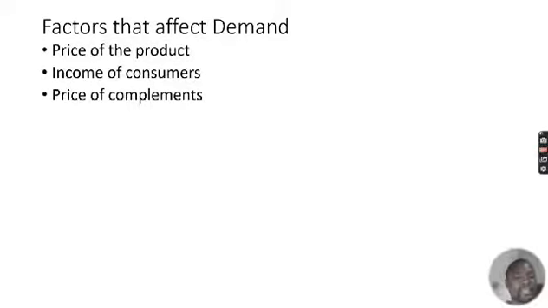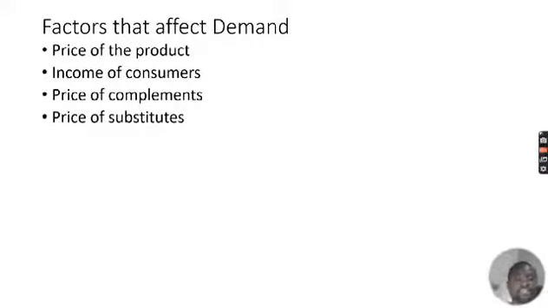For example, every time you go to buy cornflakes, automatically you end up buying milk because cornflakes and milk move together. So if the price of cornflakes goes up, the demand for milk will be affected. On the other hand, if the price of cornflakes goes down, the demand for milk will be there.